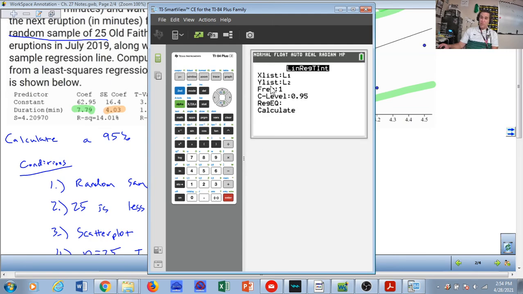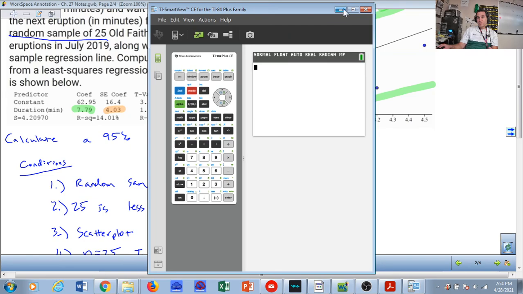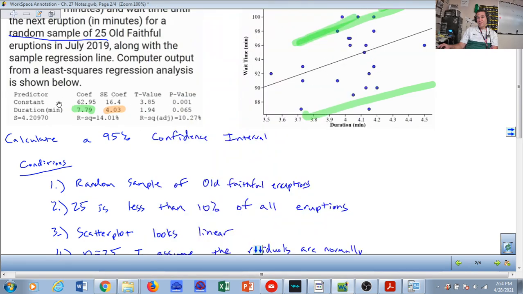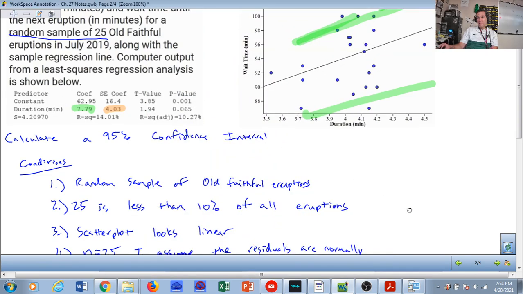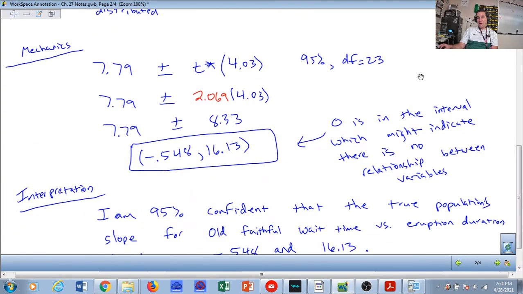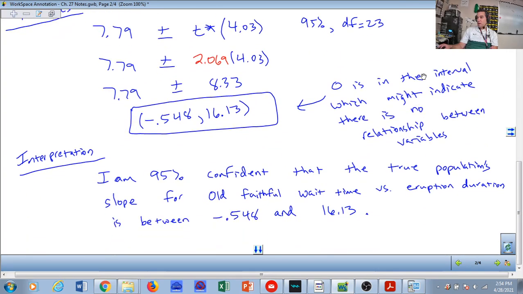It asks you for where's your data, so what column did you put both your data in? What's your confidence level? And there you go, calculate it. So that's if you're given data. I'm just not given data too often. So usually it's already done for you, okay? Usually that's what happens.